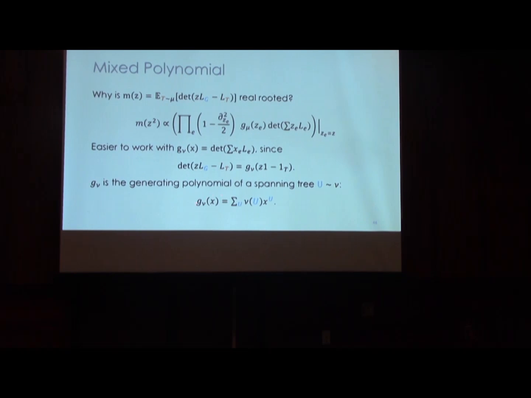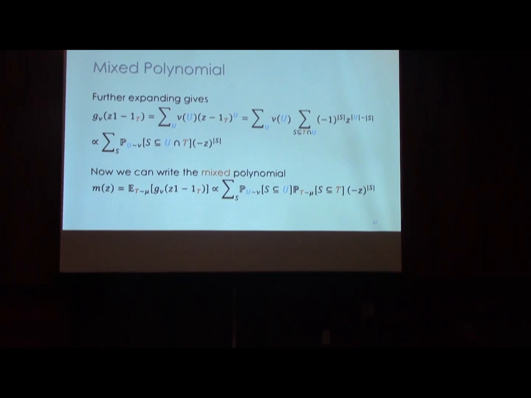So this is repeating what I previously said, that nu is a spanning tree distribution, where to each spanning tree you are assigning a probability which could be different from nu. Now, this is again expanding whatever I had on the previous slide. I don't know if I should bore you with the details, but what you get at the end is this expression, that the polynomial for a single spanning tree can be written in this format.